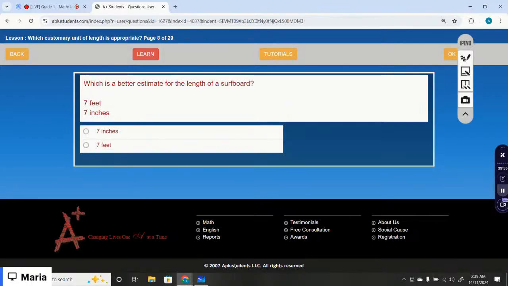Which is the better estimate for the length of a surfboard? That is 7 inches.